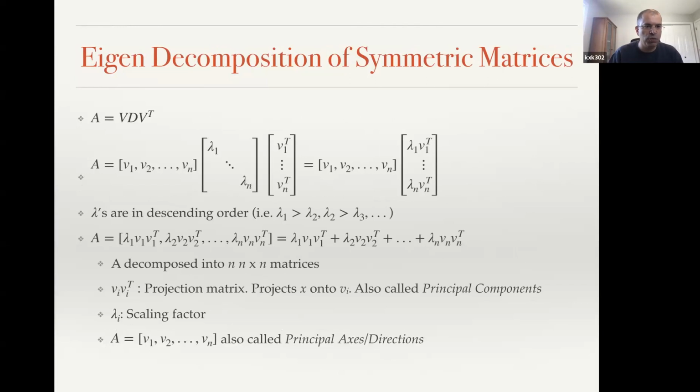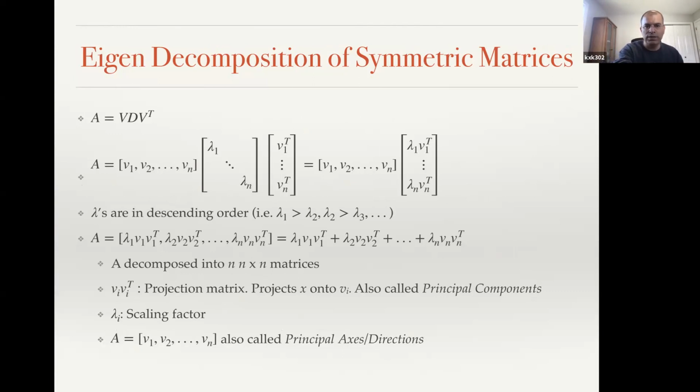So this is the formula, A equals V, D, V transpose. You can think of V as a matrix where every column is an eigenvector. In an n-dimensional space, an eigenvector has n values, okay? And then you have a diagonal matrix, sigma, where the eigenvalues are on the diagonal, everything else is 0. And finally, you have the same matrix V transposed at the end.